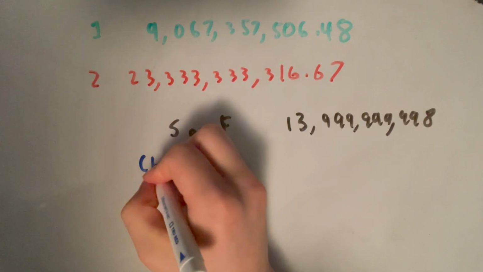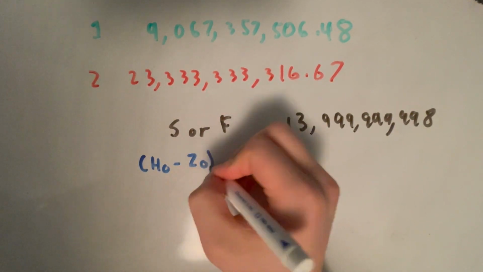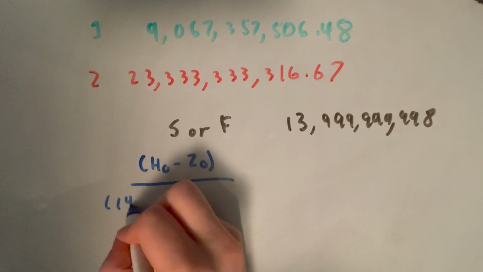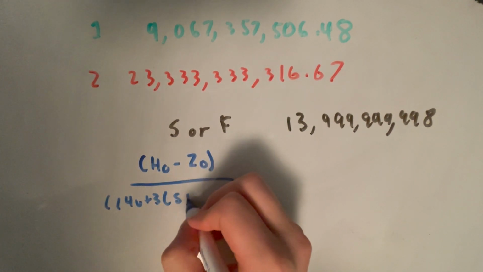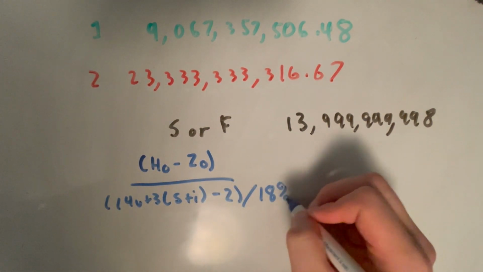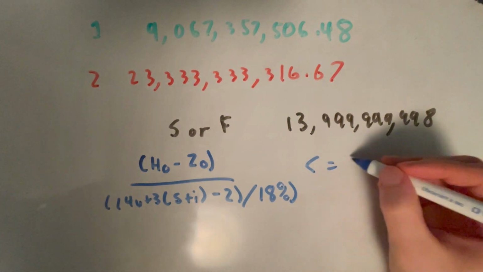So our equation can alternatively be written as h0 minus c0 over 4v plus 3s plus I minus 2 over 18%, being less than or equal to 2 times h0 minus 2.